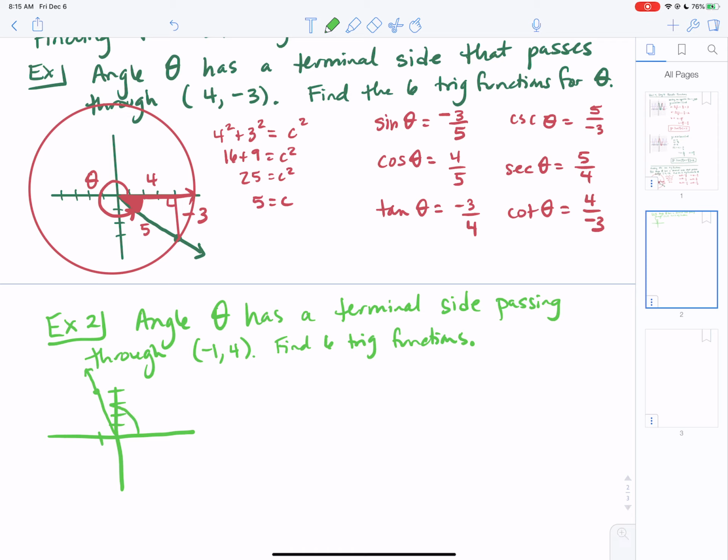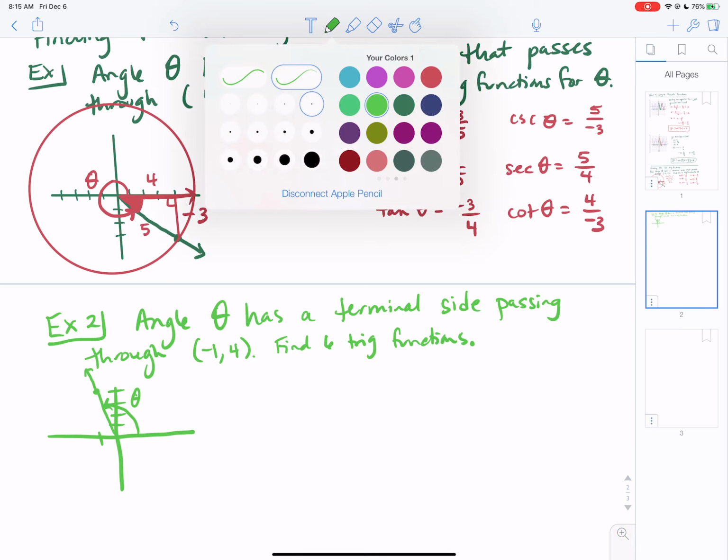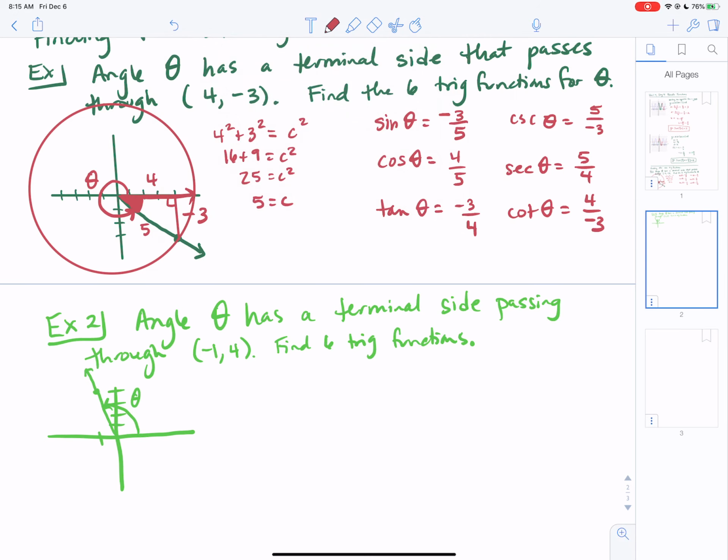Okay, so again, here's theta. Now, if you want to find all the values for theta, we are going to use this reference angle right in here. So you want to make a little triangle.